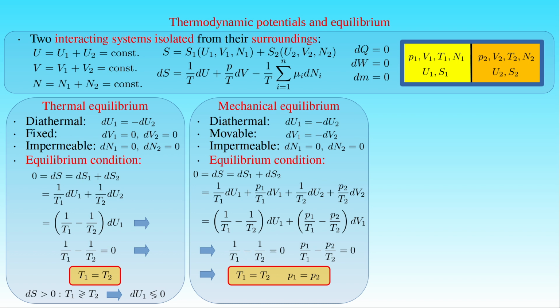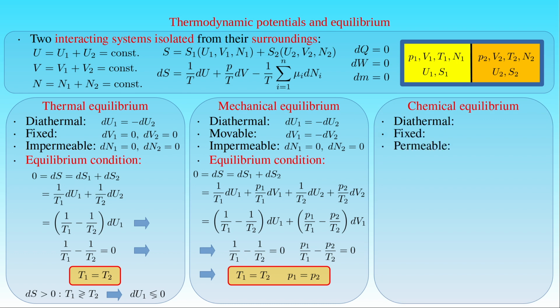Now we examine the condition for a third type of equilibrium in the system called chemical equilibrium. Such a condition can be examined if the wall separating the two subsystems from each other is diathermal, fixed and permeable. For a diathermal wall, any infinitesimal change in the internal energy U1 is equal to minus the infinitesimal change in the internal energy U2 due to the heat flow across the wall.